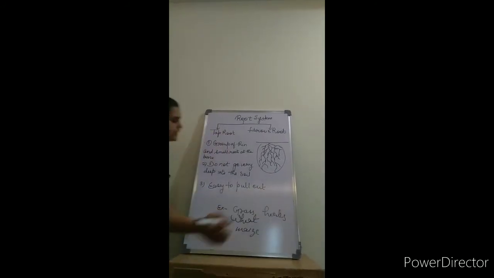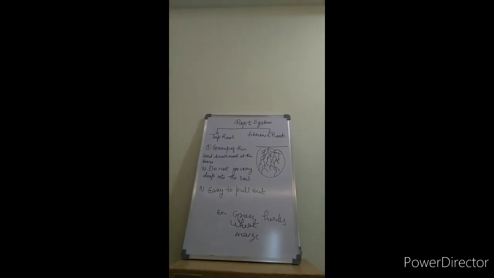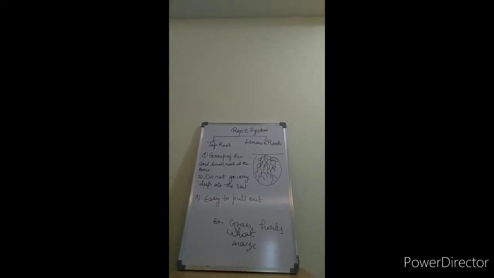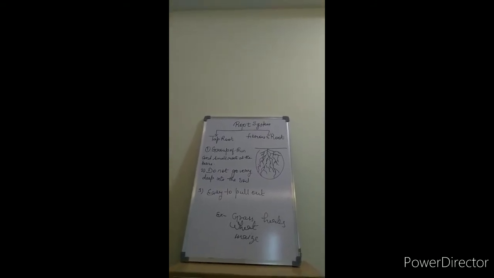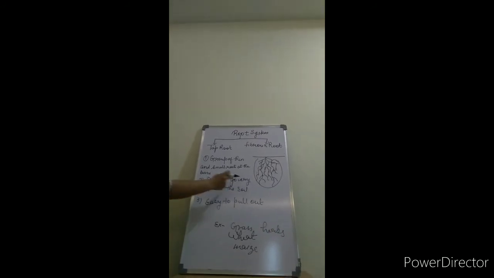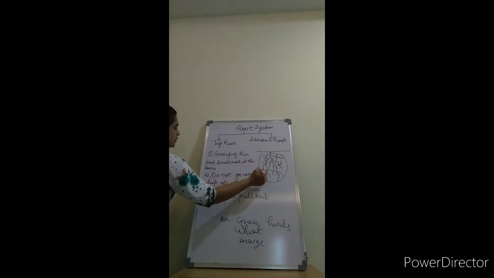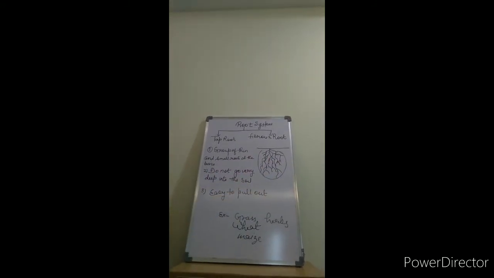These all are examples of fibrous roots. They have many thin roots that spread out from the base of the stem. Fibrous roots do not go very deep into the soil but branch out sideways in all directions.